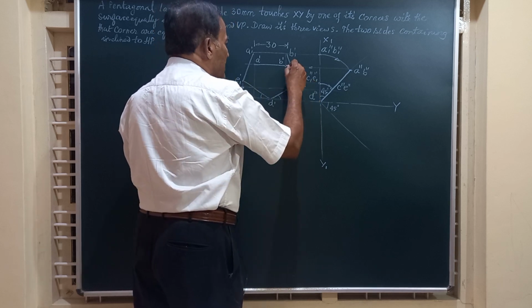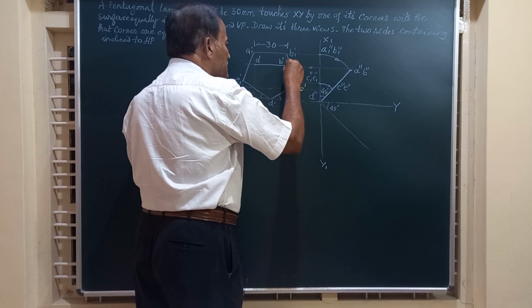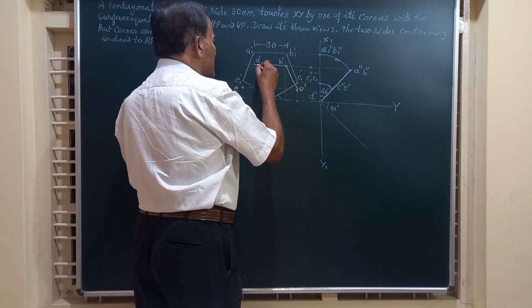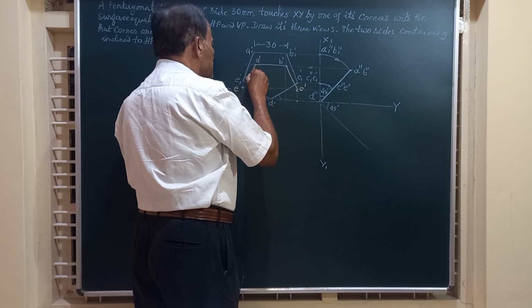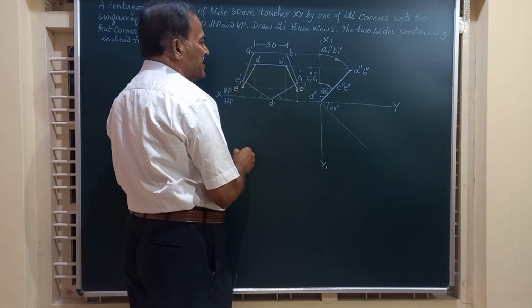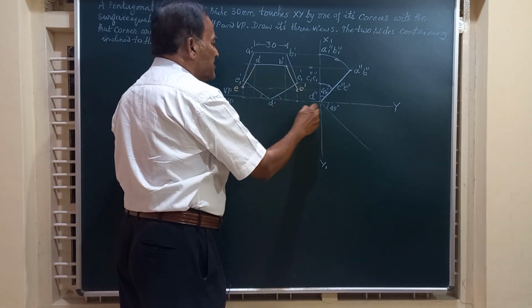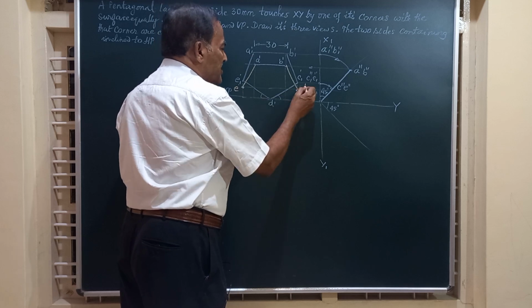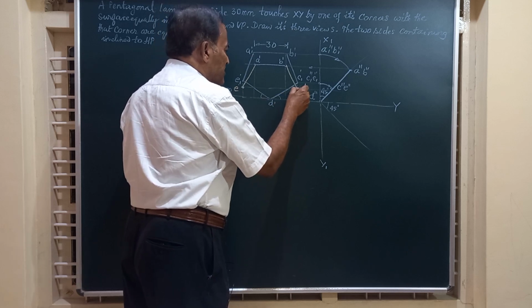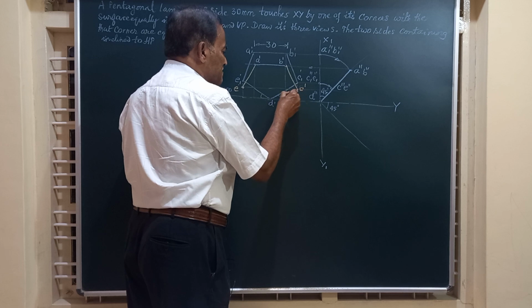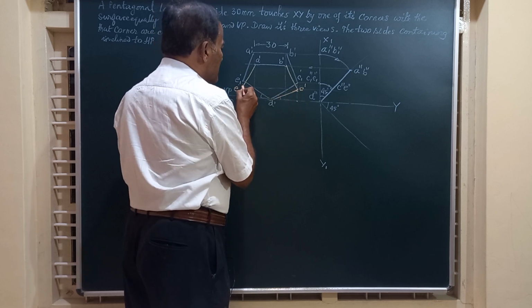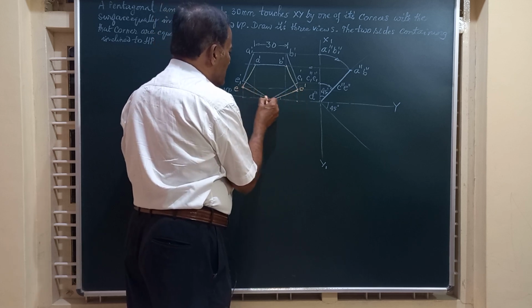And friends, we will join this B to C dash, and then A to E dash. And finally, friends, the position of D is fixed. So I will join this D dash to C dash by a straight line. And again, this E dash to D dash by a straight line.